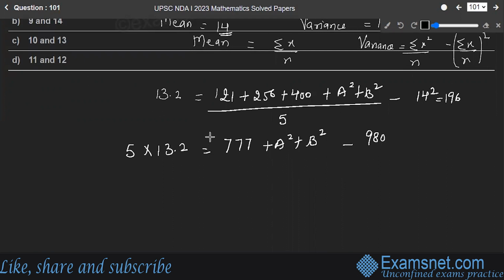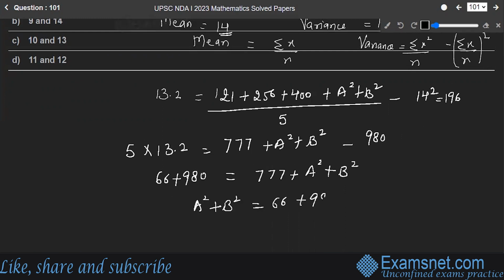I'll be taking 5 on this side. I hope you got all this right. So 66 plus 980 is equal to 777 plus a square plus b square, which means a square plus b square will be 66 plus 980 minus 777, which will give you 269, right?